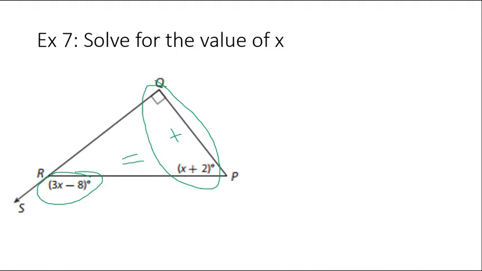So we set up our equation. So there we have 90, which is that angle right there, Q. So those squares mean 90. We have plus x plus 2 equals 3x minus 8.